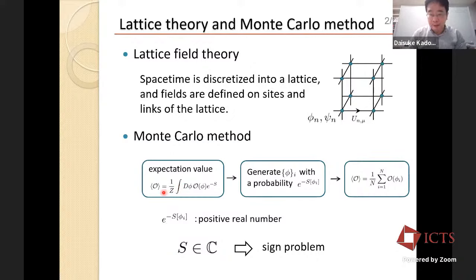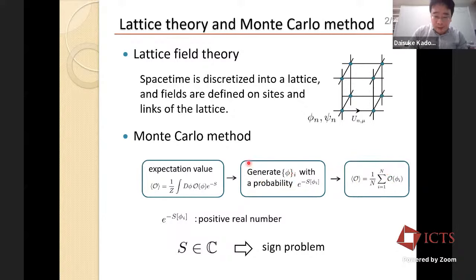In the Monte Carlo method, configurations are generated with the probability of exponential minus S, and the expectation value is estimated as an average over the generated configurations.